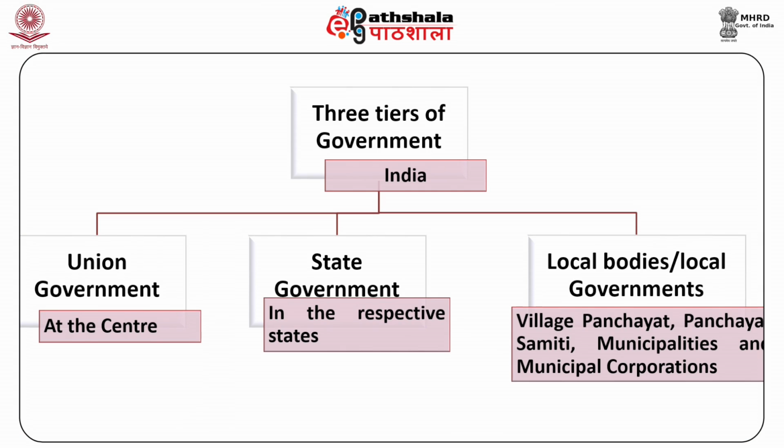Now, let us understand the tax system in India. There are 3 tiers of government in India. These are the union government at the center, state governments in the respective states, and local bodies, that is local governments, including village panchayat, panchayat samiti, municipalities and municipal corporations at the local level.